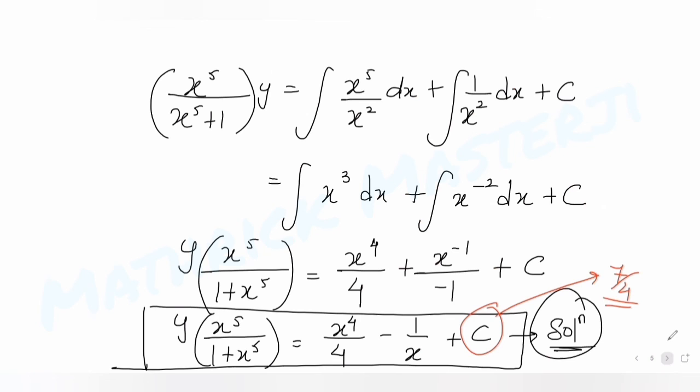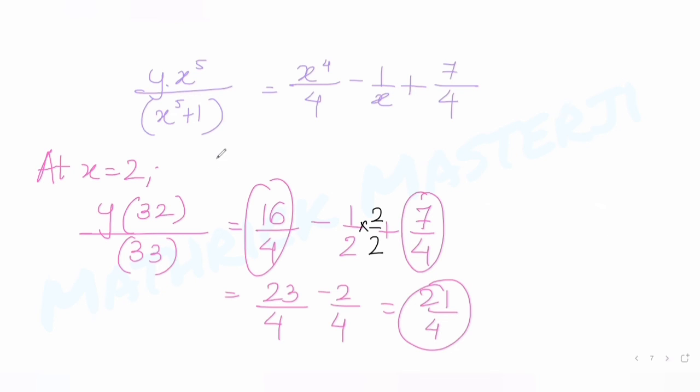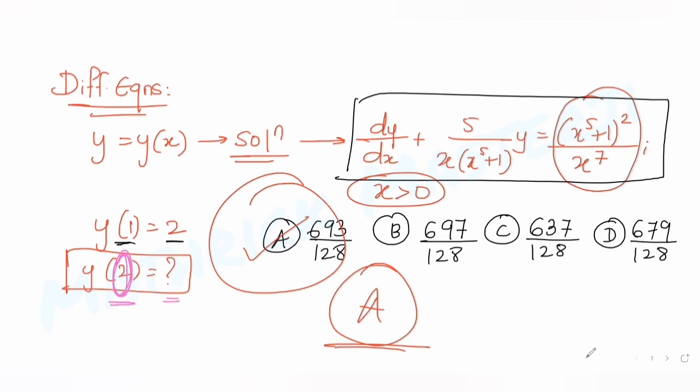I put my first condition at x equals 1, y equals 2 to get the constant's value, and once I got that, I put x equals 2 to find the value of y which is asked. That matches with 693 over 128, which makes the answer option A. So A becomes the correct answer here.